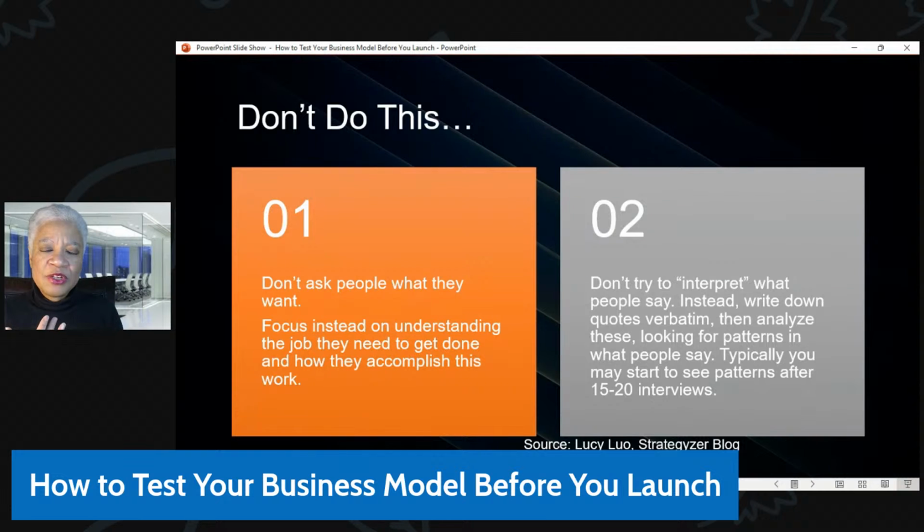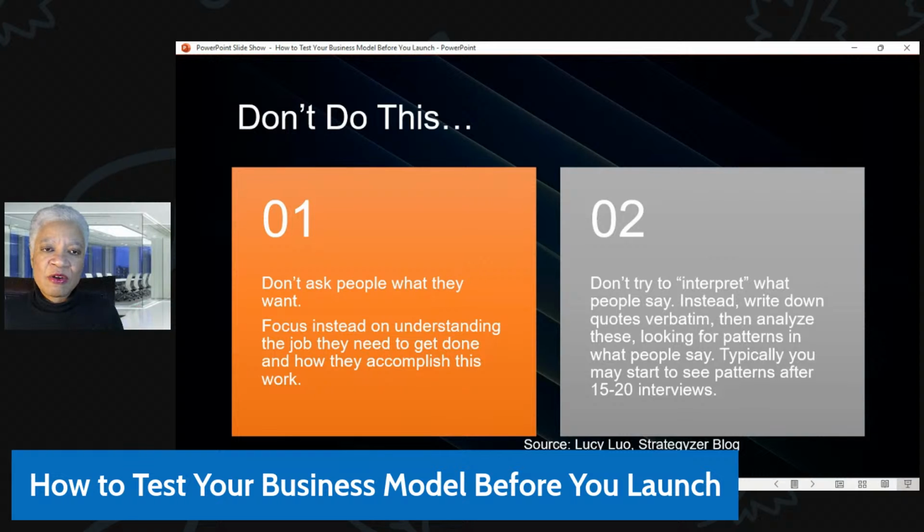And what you don't want to do is ask people what they want. You don't want to ask them, even at this point, whether or not they like what you think the solution is. You want to leave that open ended and let people tell you what's hurting them. Let people tell you what their disappointments are with their current solutions.